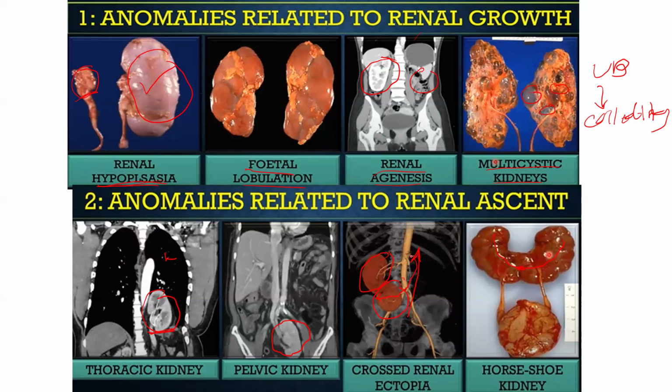Remember, the inferior mesenteric artery is a ventral branch of the abdominal aorta. So if this horseshoe kidney tries to ascend, that inferior mesenteric artery will hold it down and it won't ascend. So horseshoe kidneys are mainly found within the pelvis.